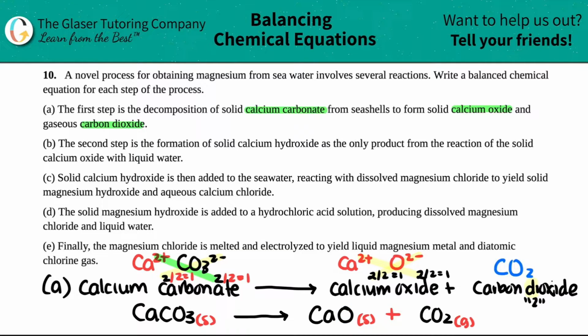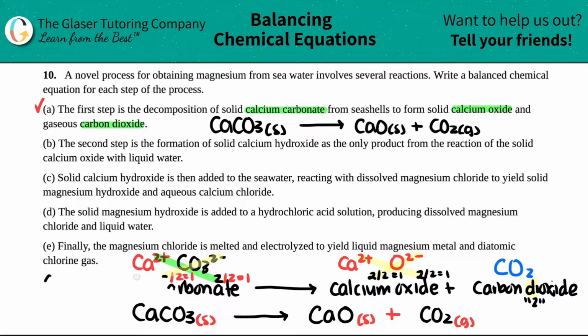So actually, this one is all balanced already. So that's the answer to the first step. It would be CaCO3, which is a solid, yields CaO, which is also a solid, plus CO2. And that's a gas. And A is over and done with. Now I just have to erase, just so that we can do B.